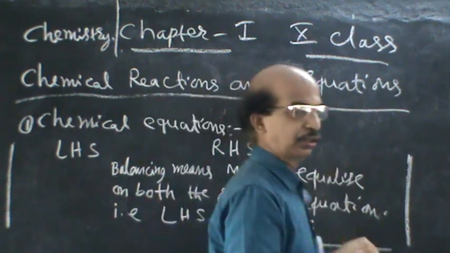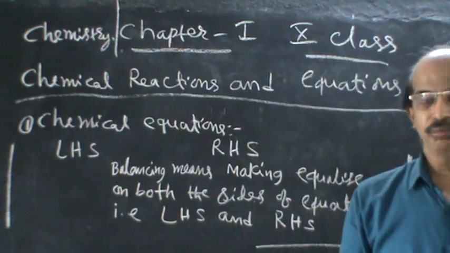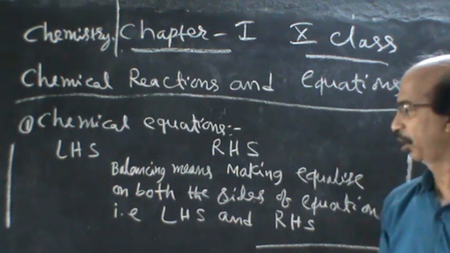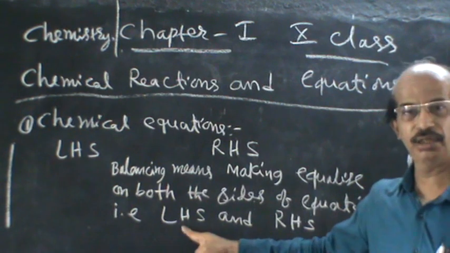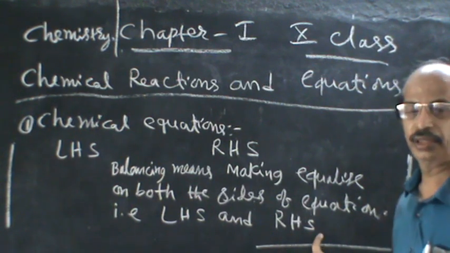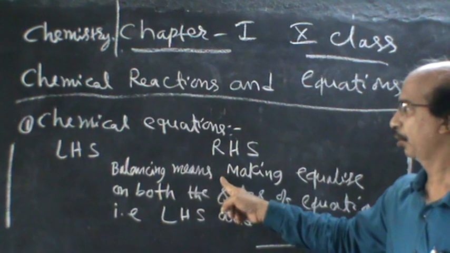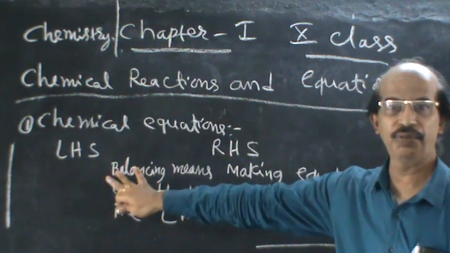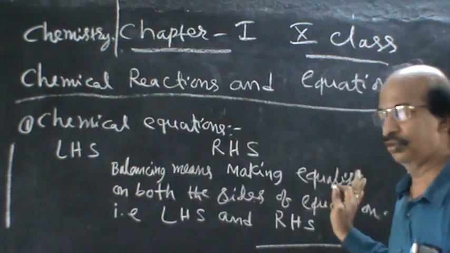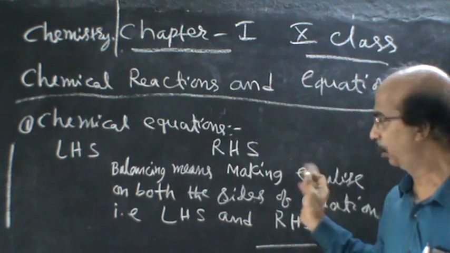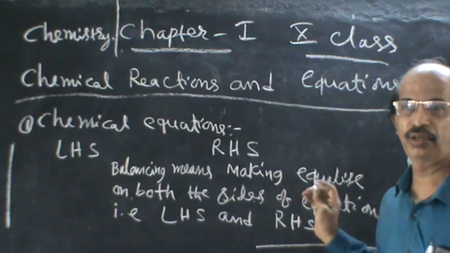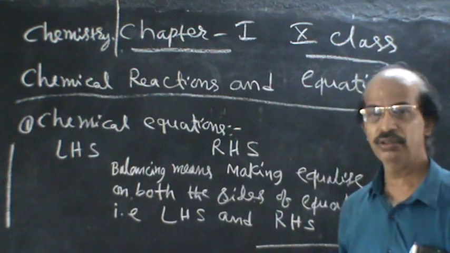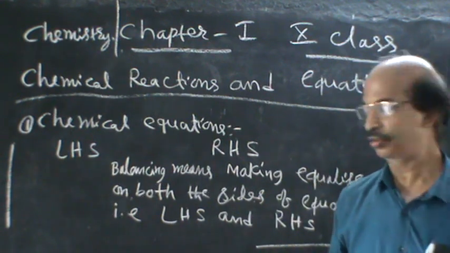Balancing is making equalize all the atoms on both the sides of the equation. Left hand side, whatever number of atoms are there, right hand side also the same number of atoms should be there. If 5 atoms are there on the left hand side, 5 atoms should be there on the right hand side. That is called balancing.